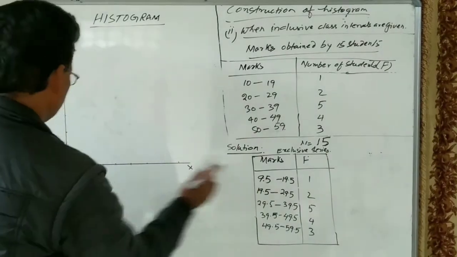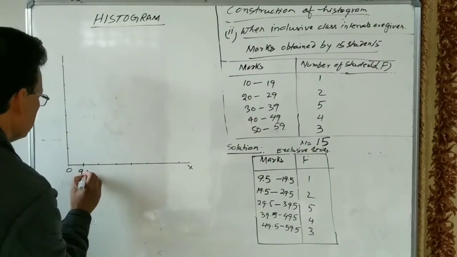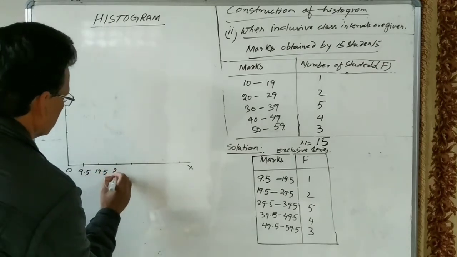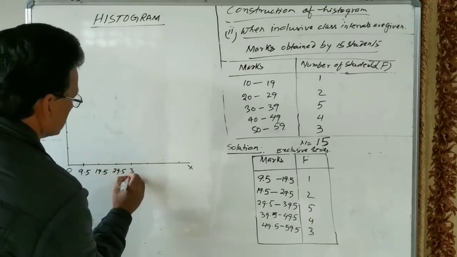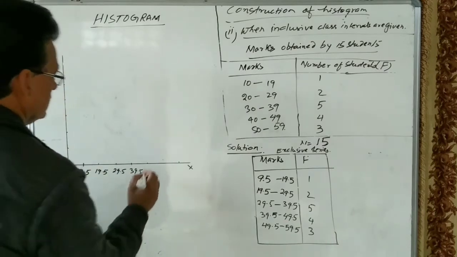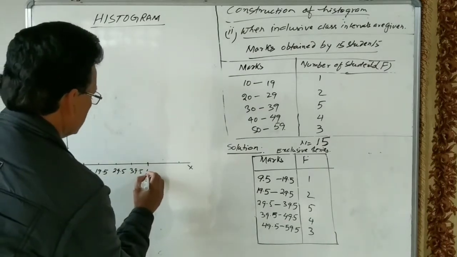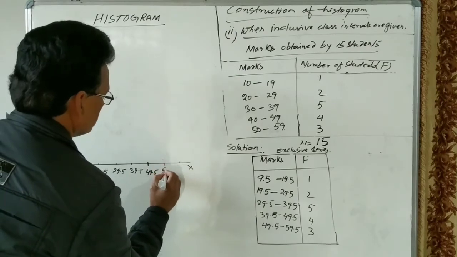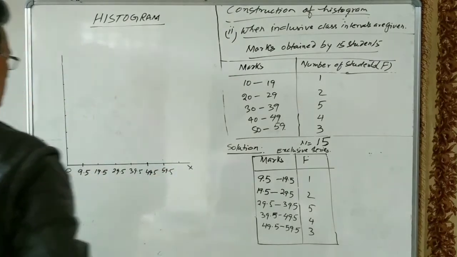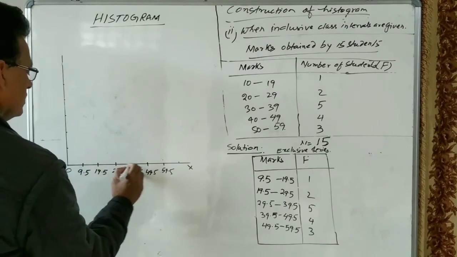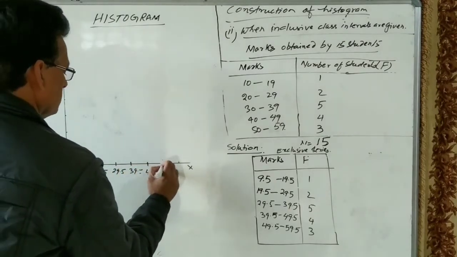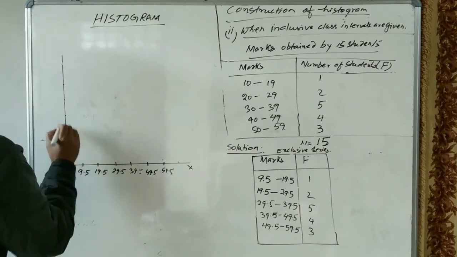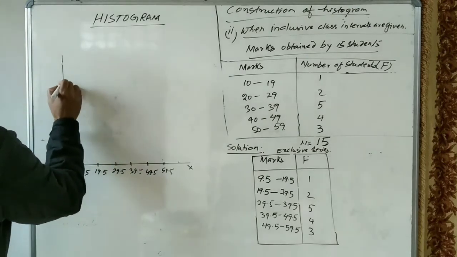The lower limit is 9.5. This is 19.5, this is 29.5, this is 39.5, this is 49.5, and this is 59.5. Suppose we take 1 centimeter for each unit: 1, 2, 3, 4, and 5.